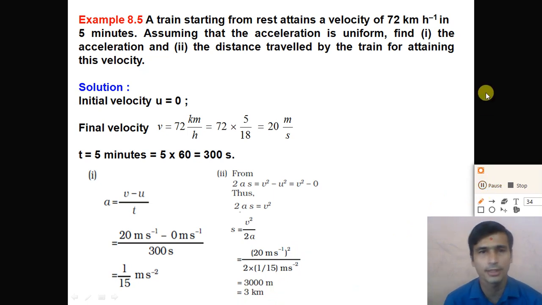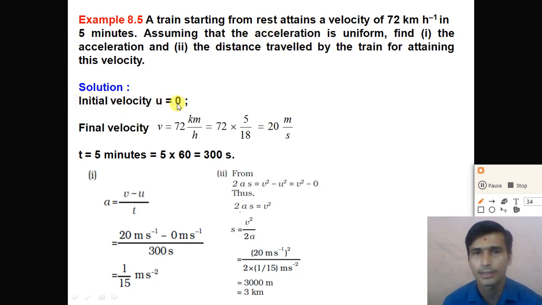So dear student, understand how to calculate this example and similar examples. Let us revise the example once more. A train starting from rest attains a velocity of 72 kilometer per hour in 5 minutes. Here the train starts from rest, that means its initial velocity u is equal to 0.